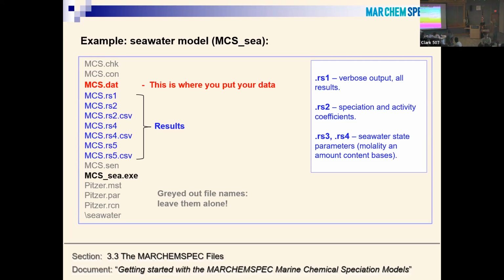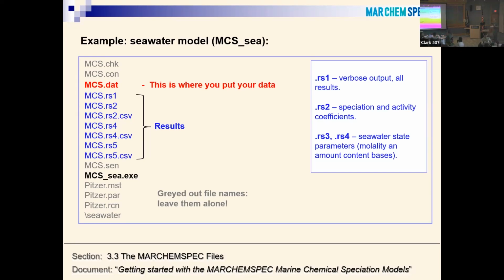They're arranged in column format, so it's easy to read into something else. With the comma-separated value file, you just click on it and it opens in your spreadsheet program. The RS3 and RS4 files have columns of the calculated seawater state parameters. The RS3 file is all molality-based. The RS4 file is all moles per kilogram of seawater, which is amount content.